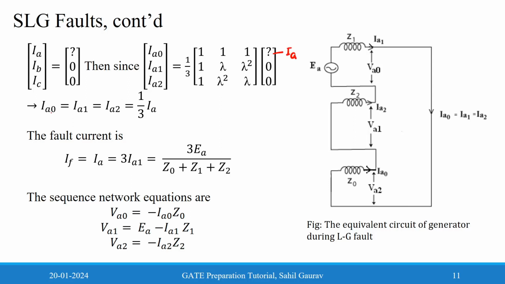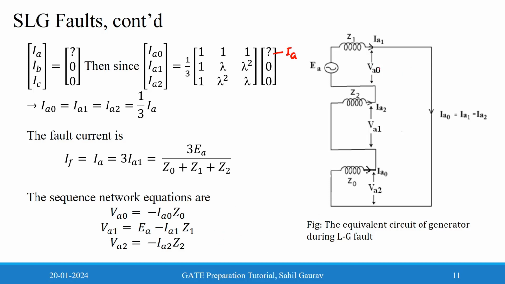So all sequence currents are equal to one third of IA. Therefore the fault current will be 3 times IA1, and it is 3 times EA divided by Z0 plus Z1 plus Z2. And the sequence network equations you can make with the help of this equivalent circuit diagram.